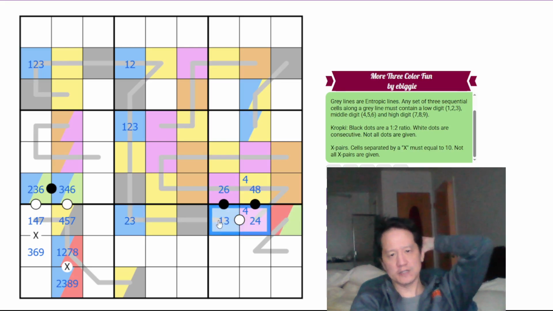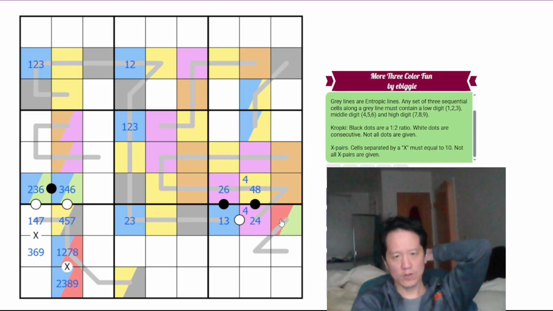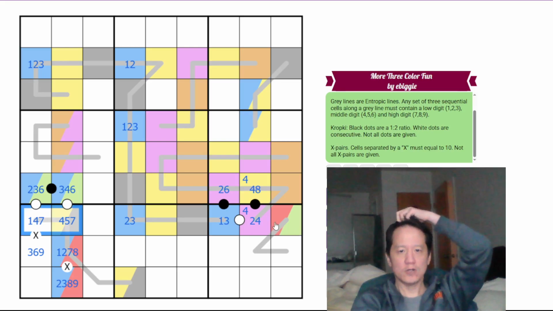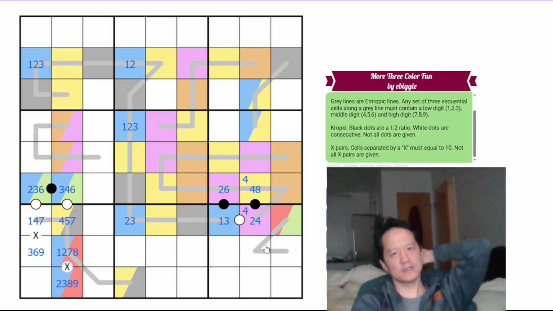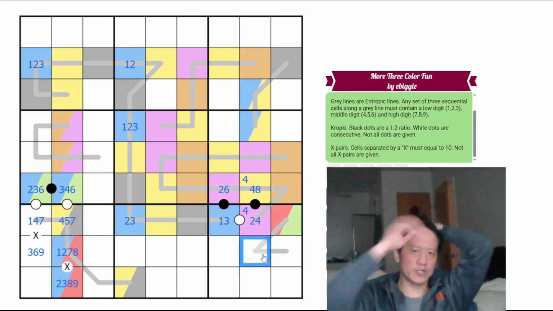And if pink is the same as blue, that means orange is the same as light gray, which means this would not be orange, which is high. It would have to be medium. So this would be yellow, this would be yellow, this would be something similar. This could not be medium. This would have to be medium, if that's the case. So I think this is low or this is medium. We're not sure which.